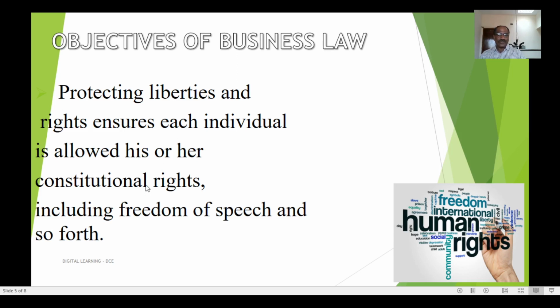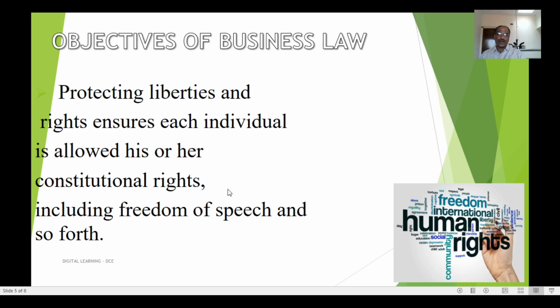And if there is no such law, then there will be an injustice for the people, and if the Indian Constitution is neglected and not followed, it is not possible to provide justice for the people in the society.